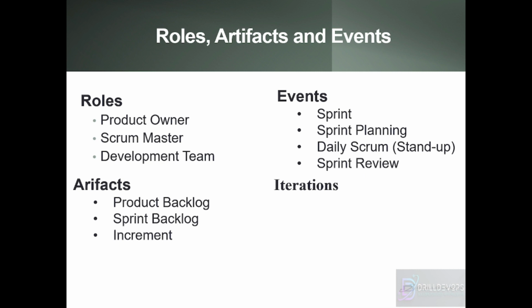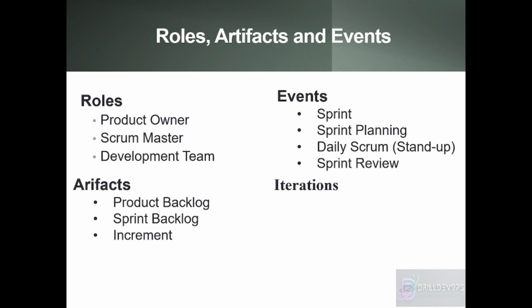In the Scrum model, and for that matter in Kanban also, the terminology would remain the same, but there are certain events that don't happen in Kanban. We will see that.